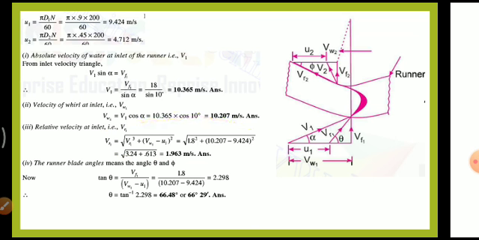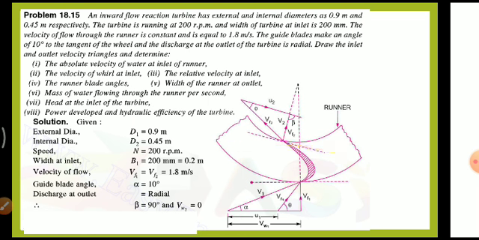The third one is the runner blade angles theta and phi. Tan theta is equal to Vf1 by VR1. We got the value of Vf1 and we got the value of VR1, so we can calculate the value of theta. Tan phi is equal to Vf2 divided by Vw2 U2. Actually, this is not our velocity triangle. Our velocity triangle is this. So tan phi is equal to Vf2 by U2.